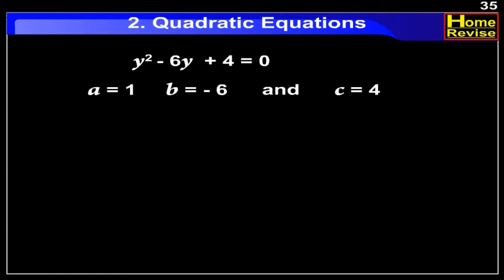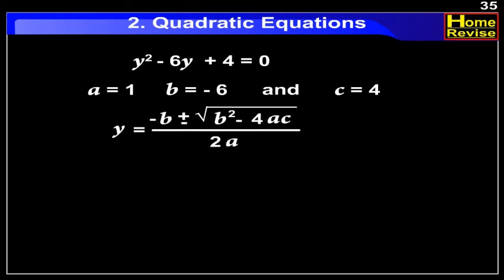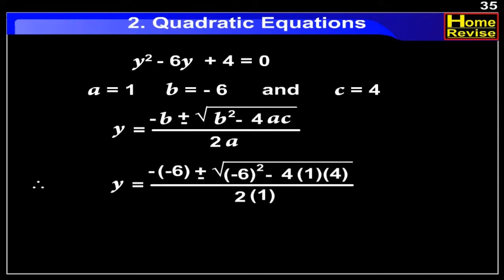Therefore, by using formula y is equal to minus b plus or minus root b square minus 4ac upon 2a. We have y is equal to minus in bracket minus 6 plus or minus under root minus 6 square minus 4 into 1 into 4 upon 2 into 1.